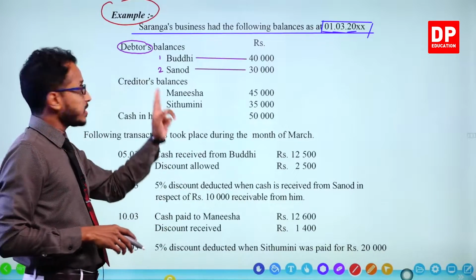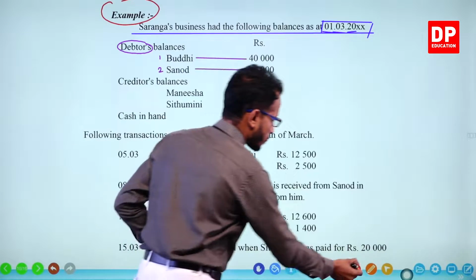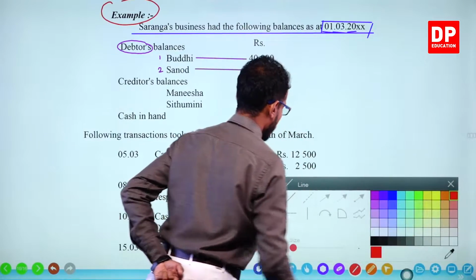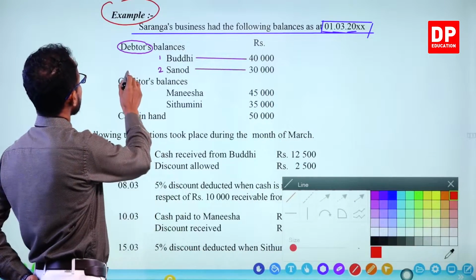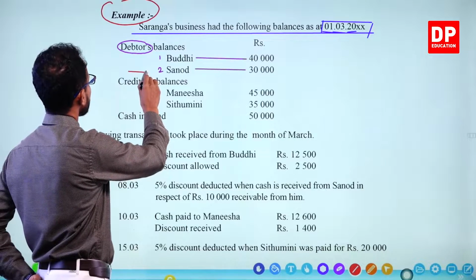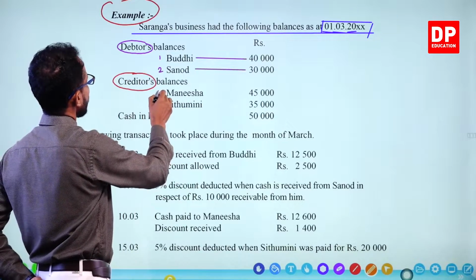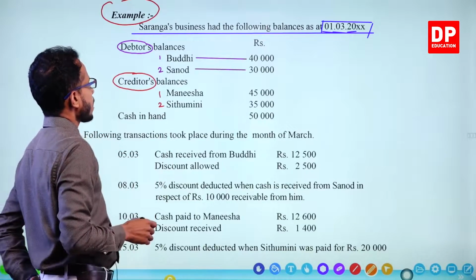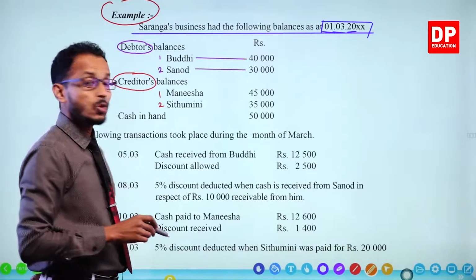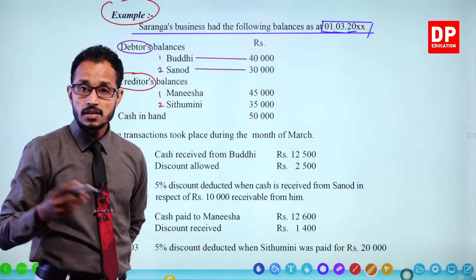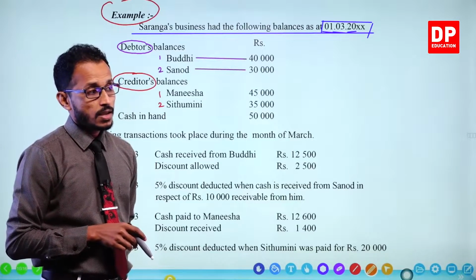And a couple of creditors are there, children. Let's use the red color as always because liabilities. Two creditors, Manisha and Situmini. Two ladies.